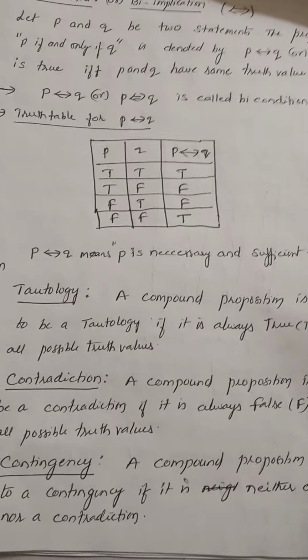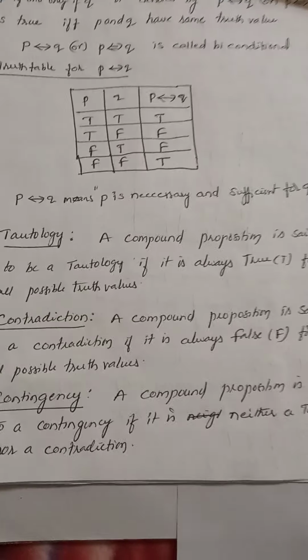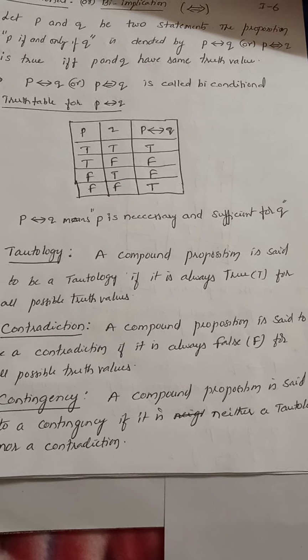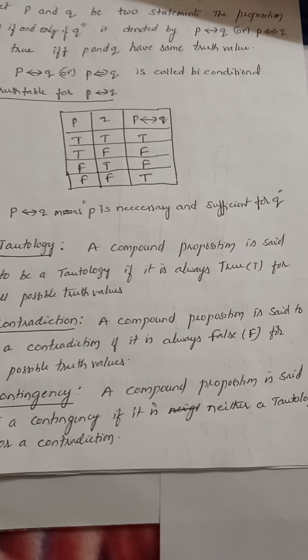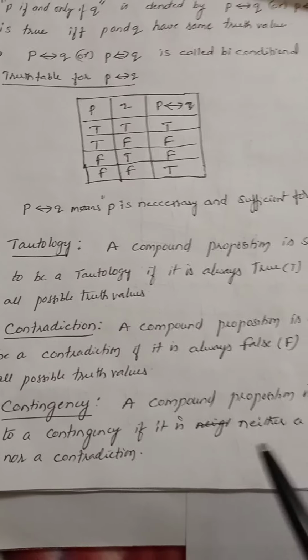Now, contradiction. A compound statement is said to be a contradiction if it is false for all possible truth values. Now, next one is contingency.